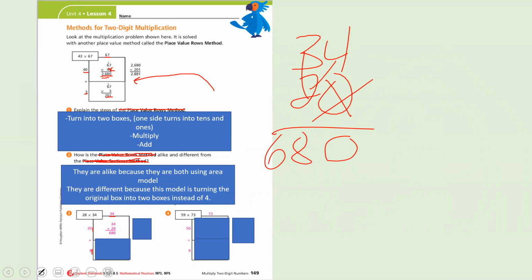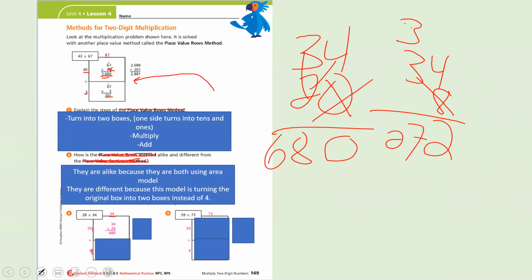And then 34 times 8. 8 times 4 is 32. 8 times 3 is 24, plus 3 is 27. So that is 272. Now to get the real answer of 34 times 28, you simply add 680 and 272, and your answer is 952.